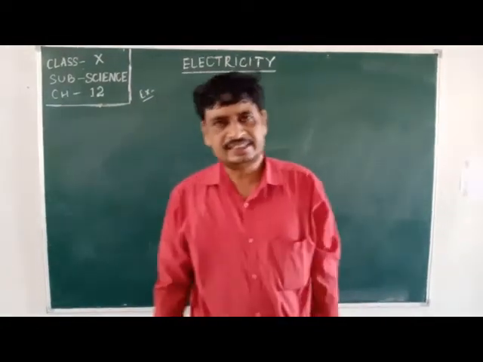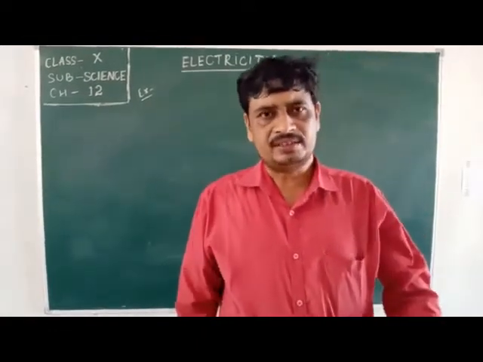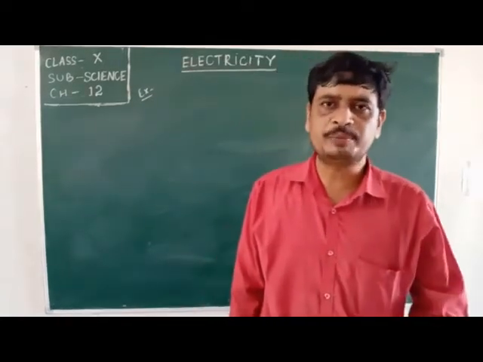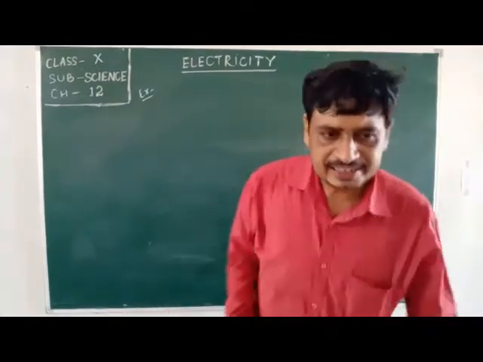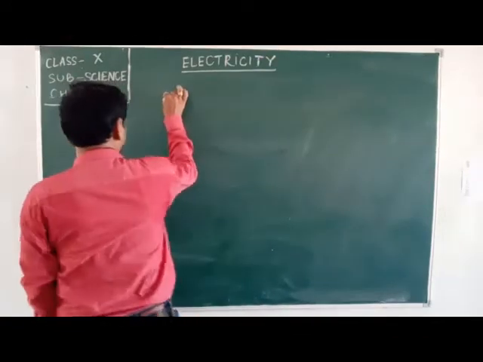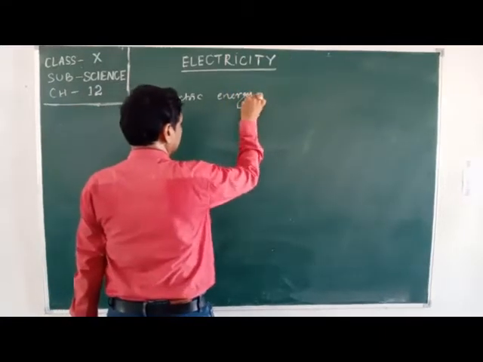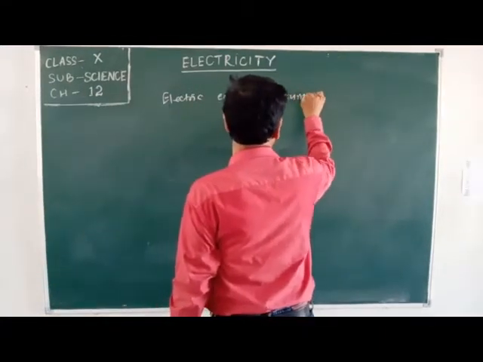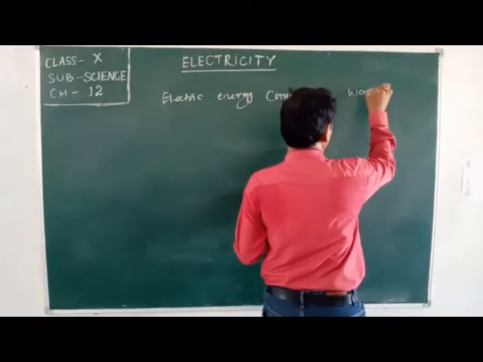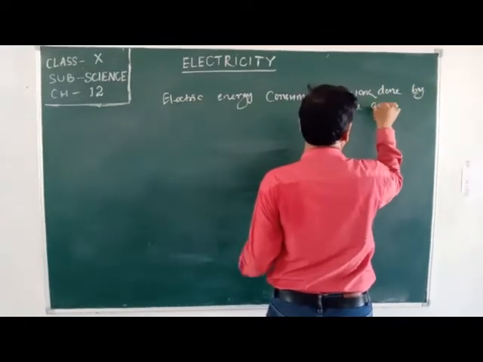Next, how to calculate electrical energy consumed by any appliance. The work done by electric energy becomes equal to the amount of electric energy consumed by the appliance. This electric energy consumed by the appliance becomes equal to the work done by the appliance.